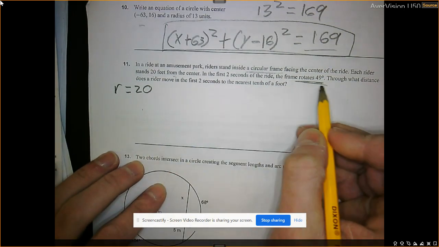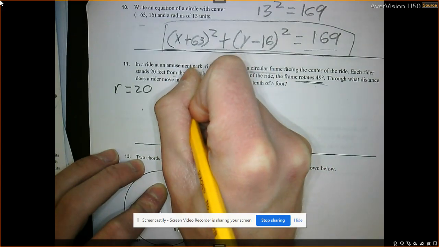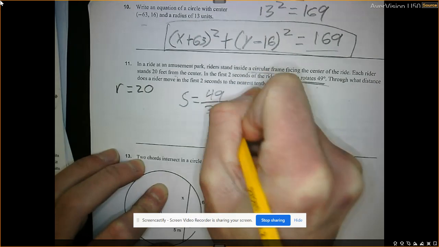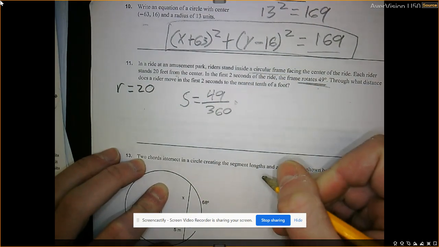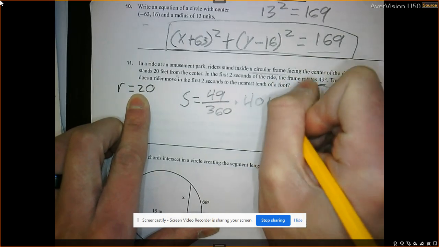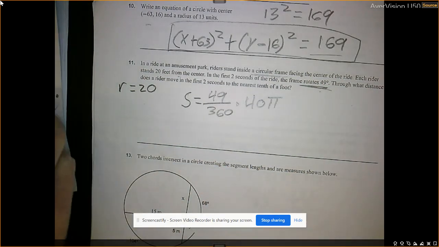Okay, and you are filling in what you know. We know that they are going 49 degrees. So we are saying, okay, S is going to equal 49 over 360 times 2 pi r. Okay, well, 2 times 20 is 40, so I can just say times 40 pi. Okay, just using that formula. And from here, this is an easy peasy equation to solve. 49 divided by 360.